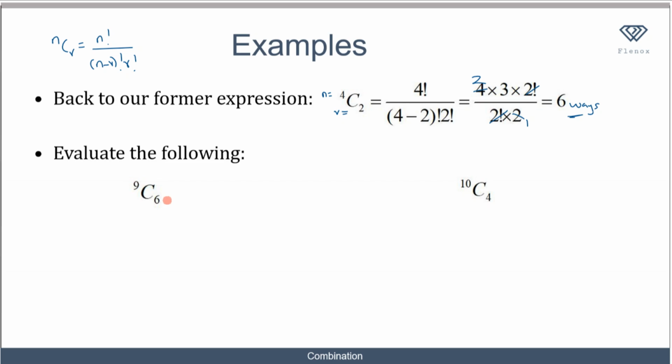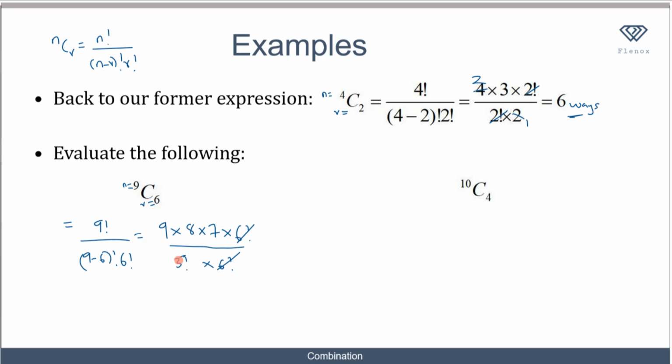First we have 9 combination 6, and we know that that will be equal to 9 factorial over 9 minus 6 factorial times 6 factorial. Again, we just substitute into our formula. So 9 factorial becomes 9 times 8 times 7 times 6 factorial over 9 minus 6, which gives me 3 factorial times 6 factorial. 6 factorial cancels out 6 factorial. 3 factorial is the same thing as 6.